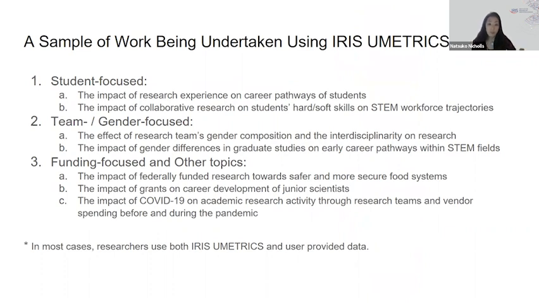Since the first data release in 2017, over 360 users have accessed our dataset. Here's a sample of work using our data. Some researchers focus on students who are paid on grants in order to examine the impact of their research experience on career path. Others look into types, sources, and/or scarcity of funding in explaining particular grant-seeking behavior and research innovation.